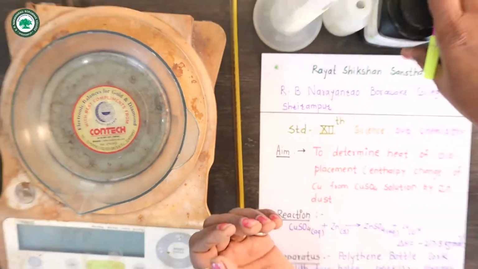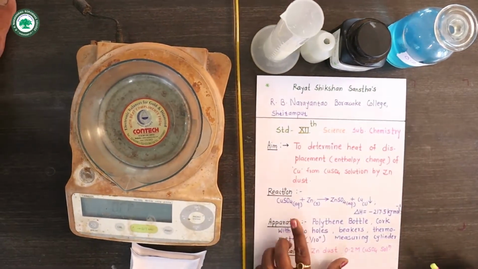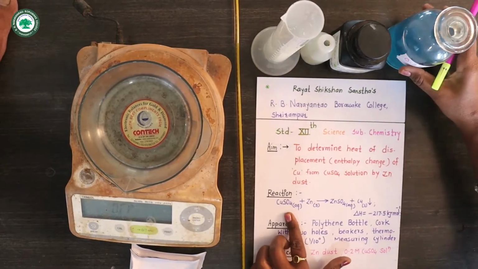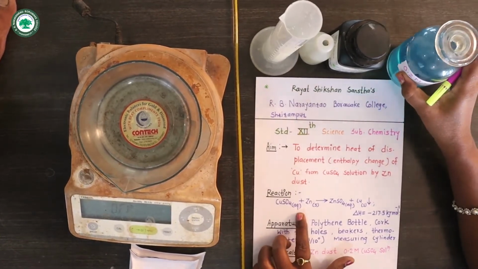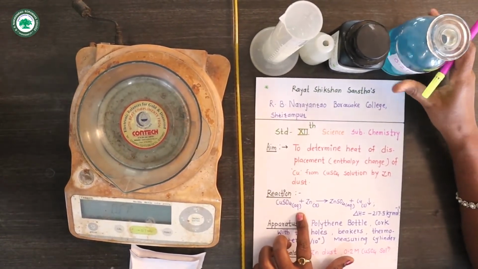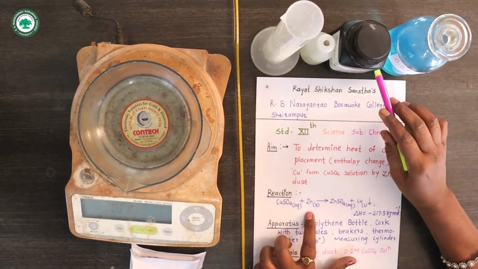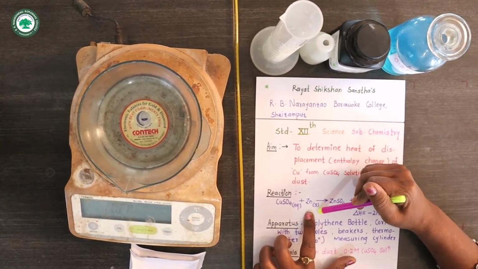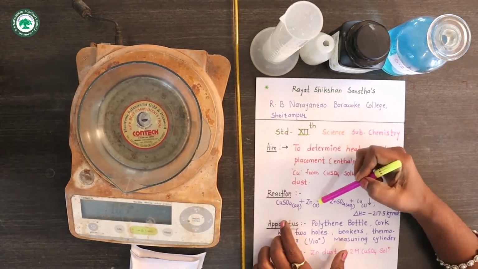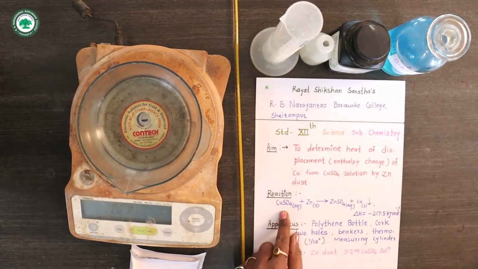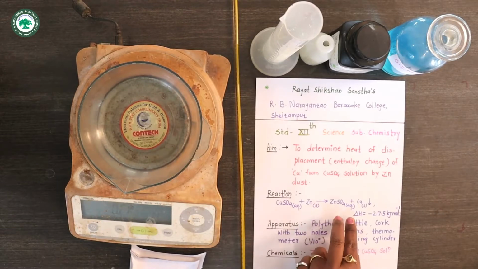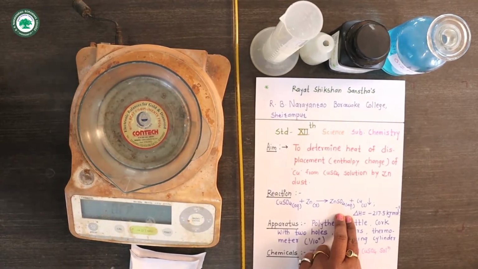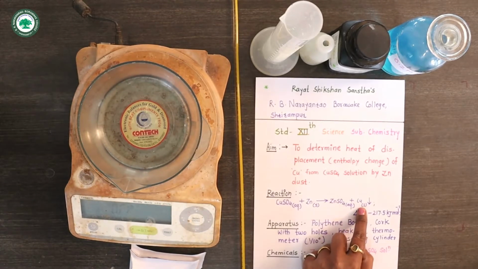Now let us hear what the reaction should be. Copper sulfate is in aqueous solution, and we are going to use the zinc metal in solid form. In this reaction the copper is displaced by the zinc metal, and we get zinc sulfate, and copper is formed in solid form in the solution.